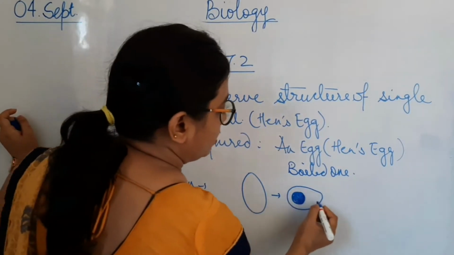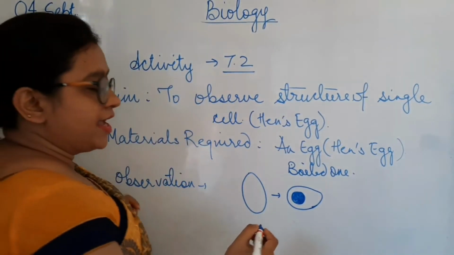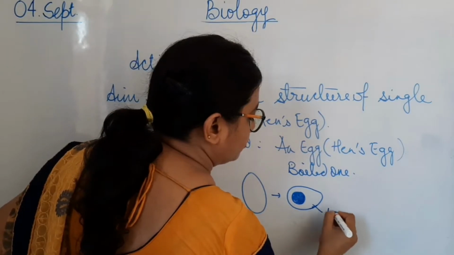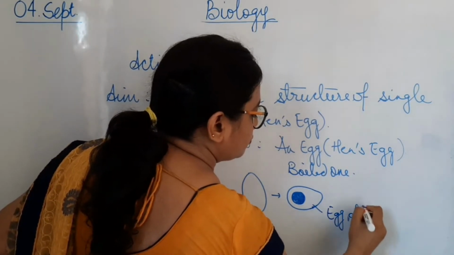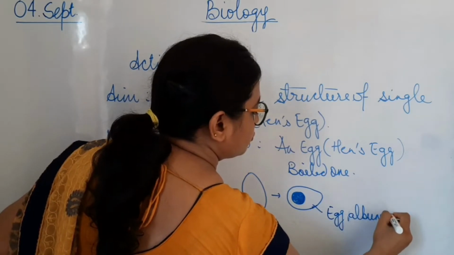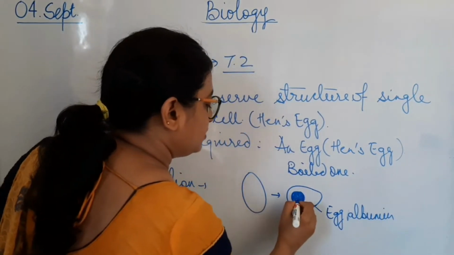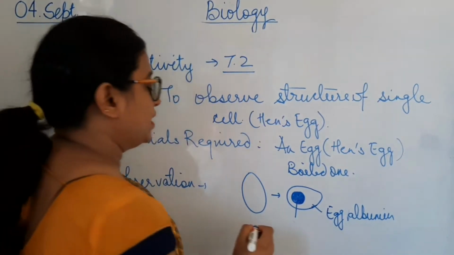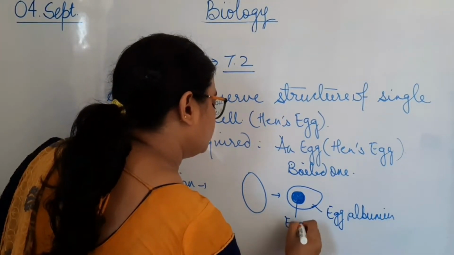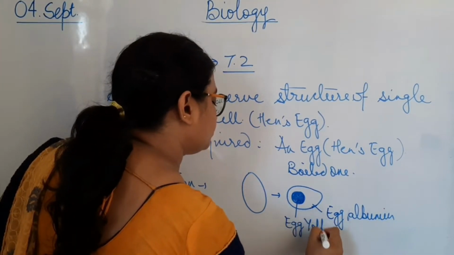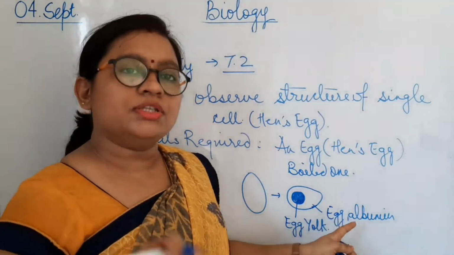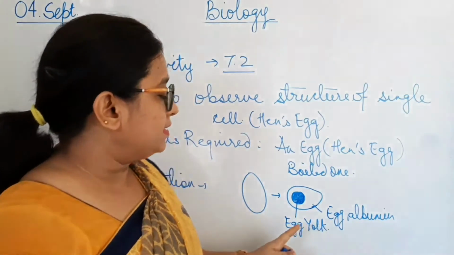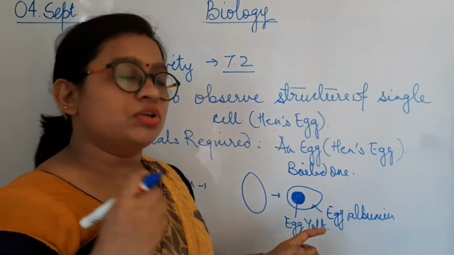Here, this white part of the cell is actually egg albumin. And this yellow part of the egg is egg yolk. So this egg albumin is actually the cytoplasm of the cell, and this egg yolk is actually the nucleus of the cell.